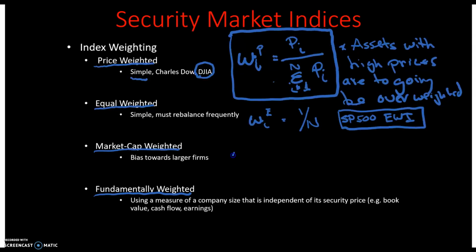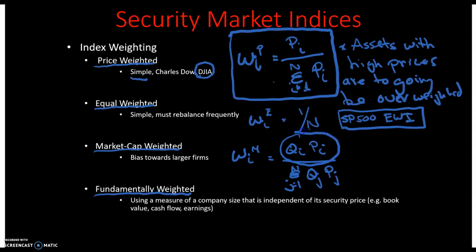And simply for this, we would look at the weight. So we'll draw the formula here. The weight of each asset in a market cap weighted index would equal Q times P, so each individual security, over the summation of all of these together. So Q_j P_j. Here, larger firms that have a higher market cap are going to give more weight to the actual index itself.